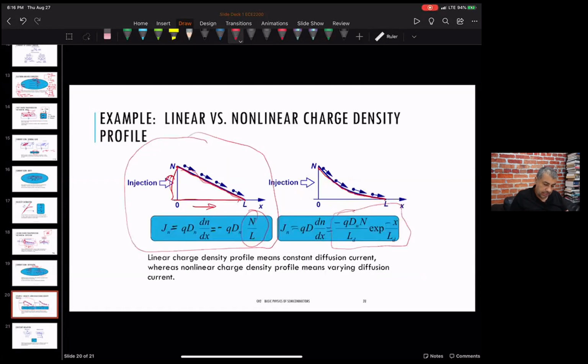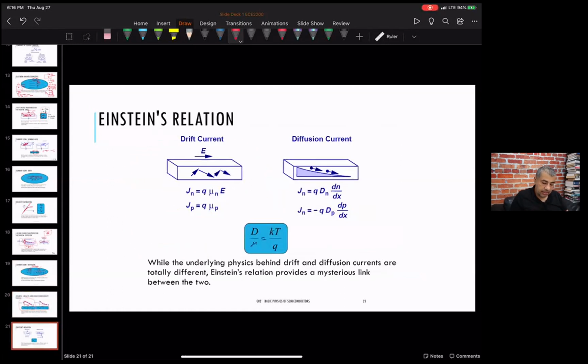All right. And then lastly, we said the drift current is a function of electric field, and the diffusion current is just a function of the change in carrier density.